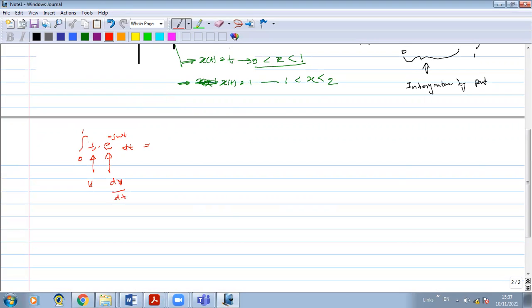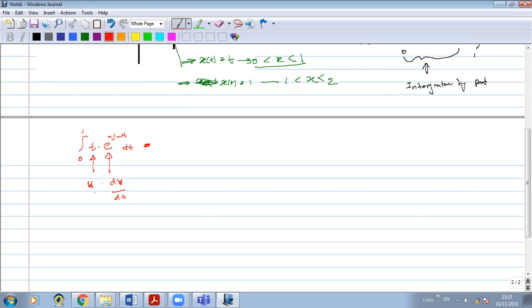If you select the other way, then you have to integrate t, and it will become t square by 2. The order is increasing, so you can't do the integration. So this way you have to select these two functions, u and the derivative function dv by dt. I hope you got it. If you have any problem, you can ask.